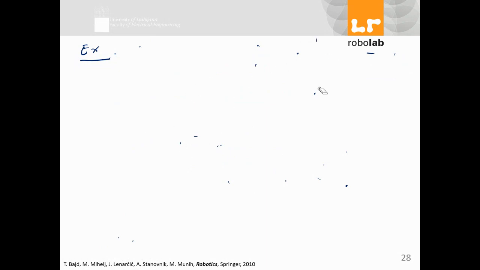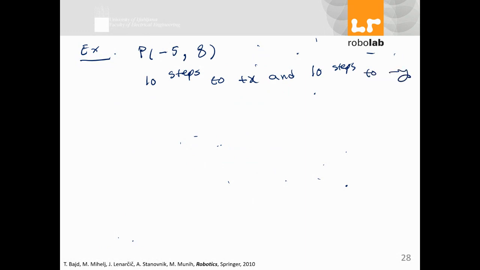Similar to a whiteboard. So if you have a point at -5 and 8, and we move this 10 steps to positive X and 10 steps to negative Y, what would be the P prime?